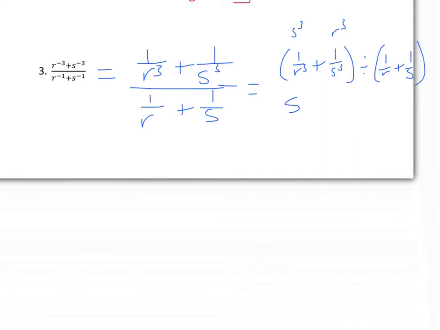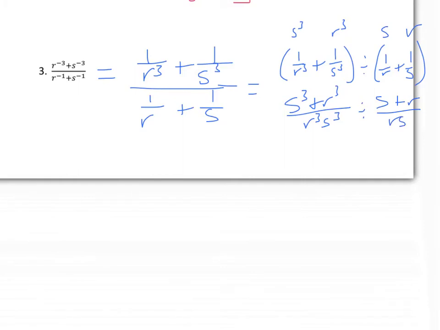So we'll have s cubed plus r cubed over r cubed s cubed divided by, least common denominator in the second one here is rs, so I need to multiply this term by s, this term by r, so we have s plus r over rs.